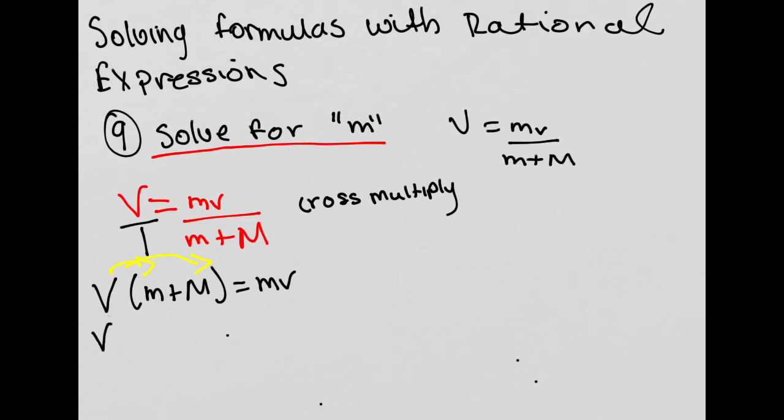So I have big B, little m plus big B, big M equals little m, little b. Now since I am solving for little m, I need to have all the little m's on the same side. So I'm going to subtract big B little m from both sides.